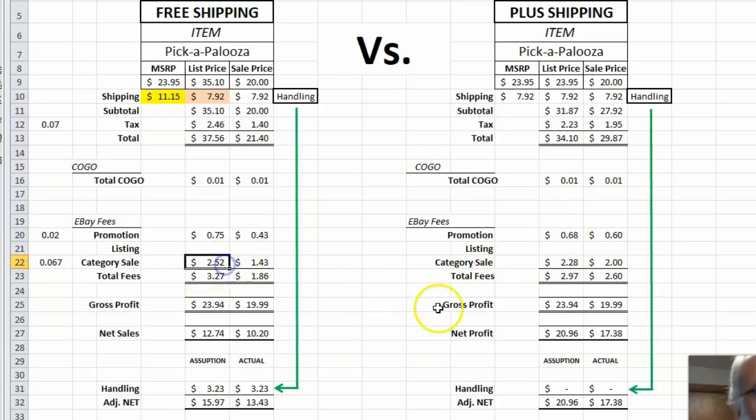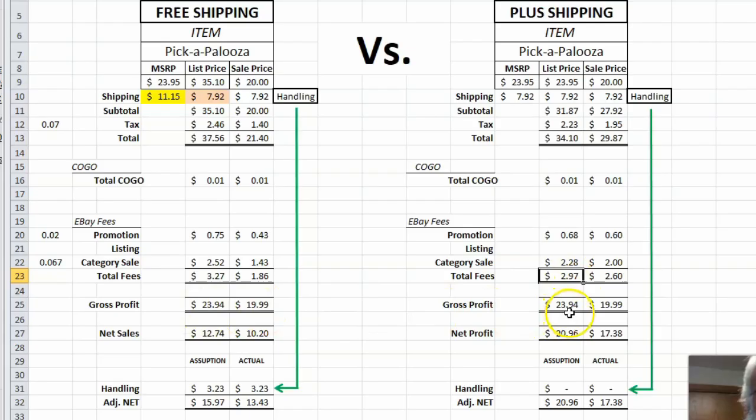Okay. We go from 252 in the category to 228. And so the different total here is $3.27 here versus total fees of $2.97. It's starting to add up.